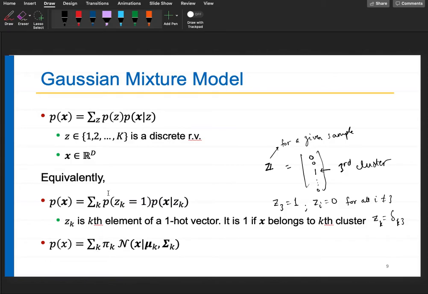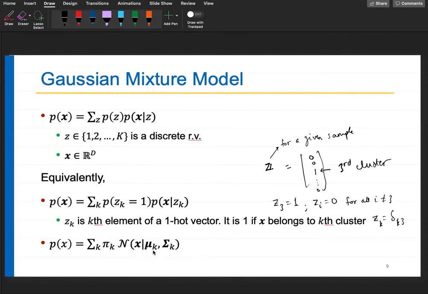So this is how we represent. Now P of z_k equal to 1. What is the probability that this cluster is chosen? So we can call this a variable pi_k. Pi_k is the probability of z_k equal to 1. And P of x given z_k, the probability of the data samples given the cluster, we are modeling with a Gaussian distribution.